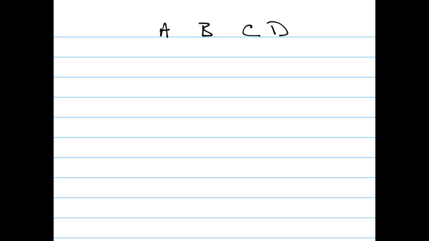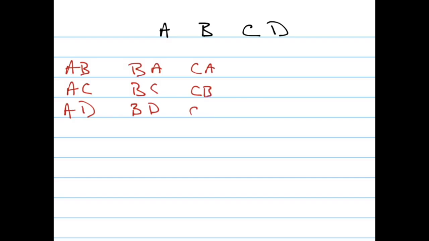A, B. You got A, B, A, C, A, D. You got B, A, B, C, B, D. You got C, A, C, B, C, D, and D, A, D, B, D, C. 12 different ways, right? So if we just pick 2 letters at a time, we get 12 different options.